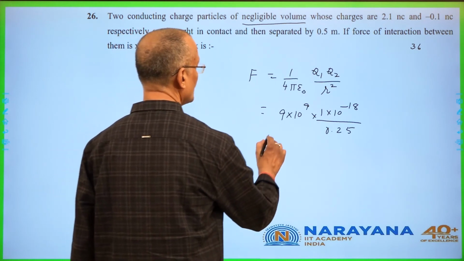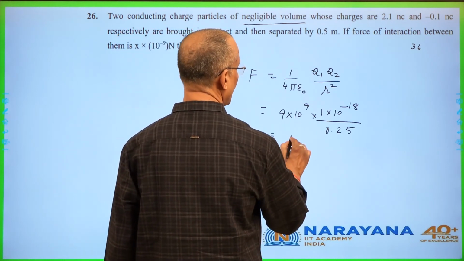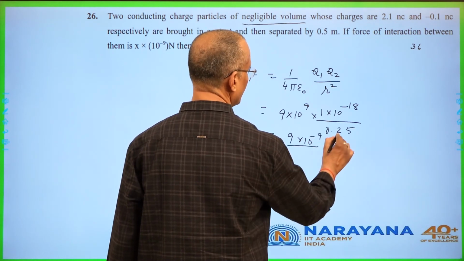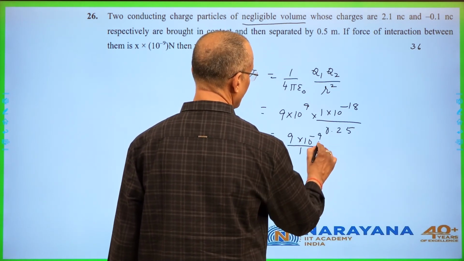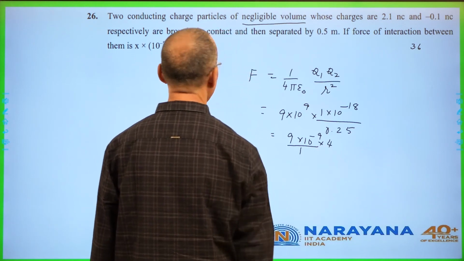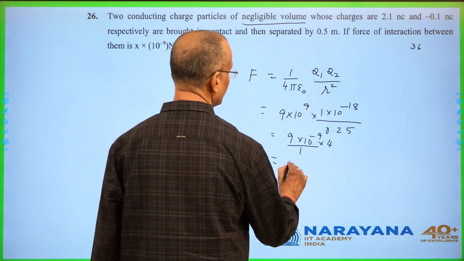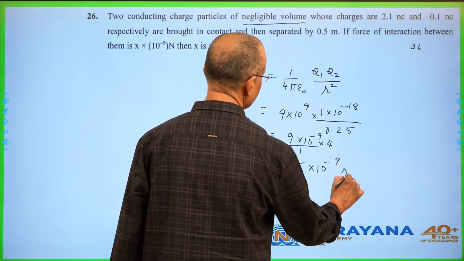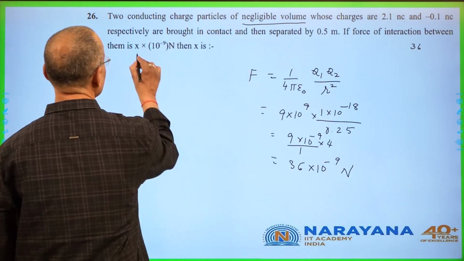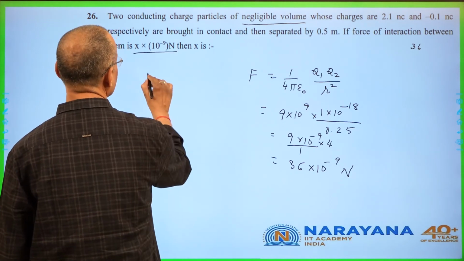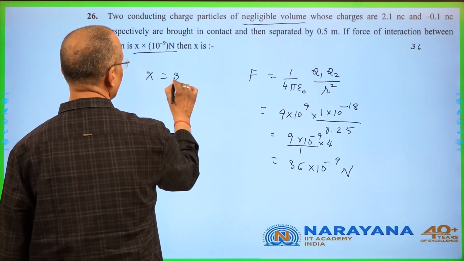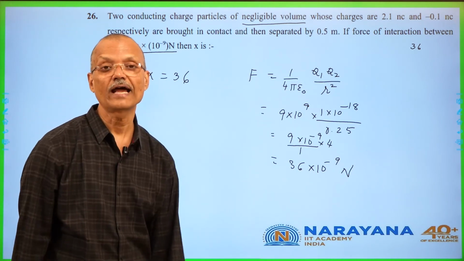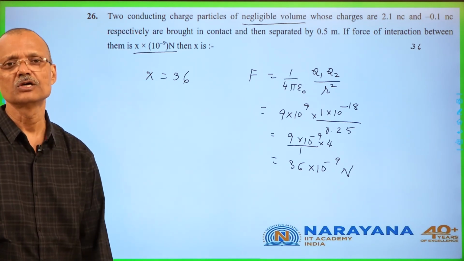So this is 9 10 to the power minus 9, and 0.25 is 1 by 4, 4 I will take up, you are getting 36, 10 to the power minus 9 Newton. They are asking you value of x, x will be equal to 36. So answer for x is 36.